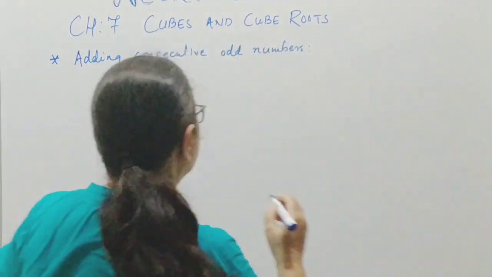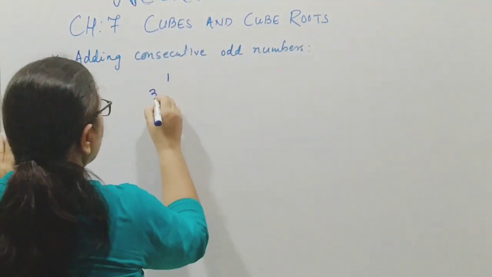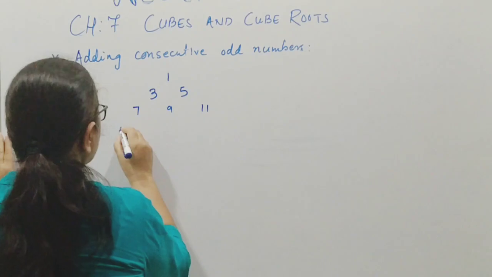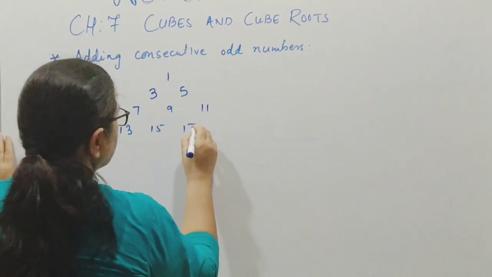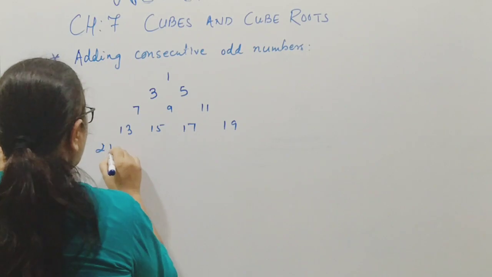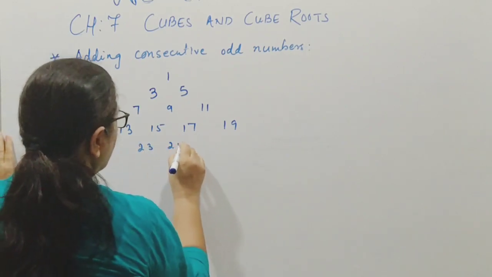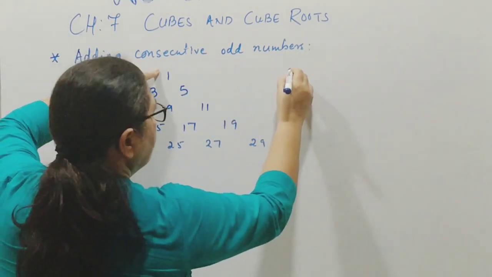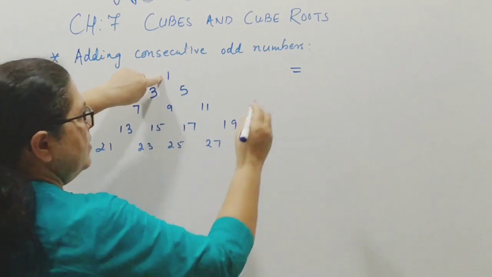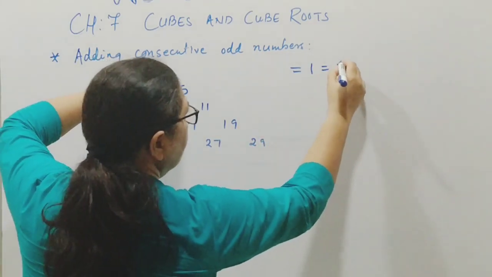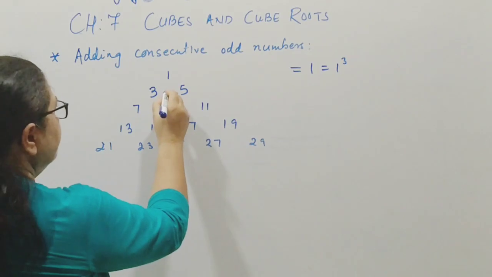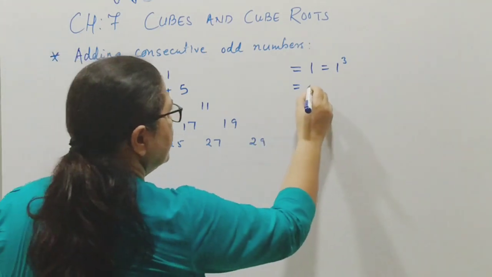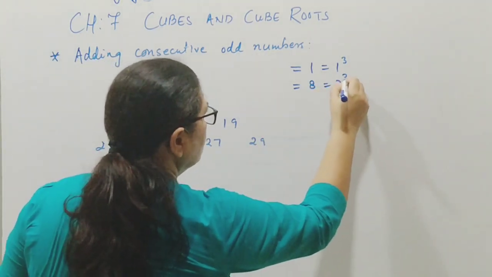For example, here we have taken one odd number, so obviously it is 1 only, which is equal to 1 cube. Next we have taken two odd numbers, that is 3 and 5, their sum is 8, that is 2 cube.